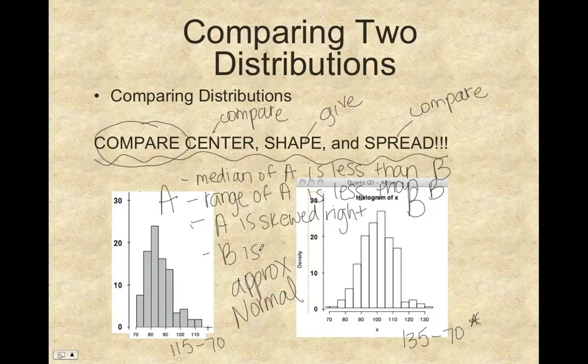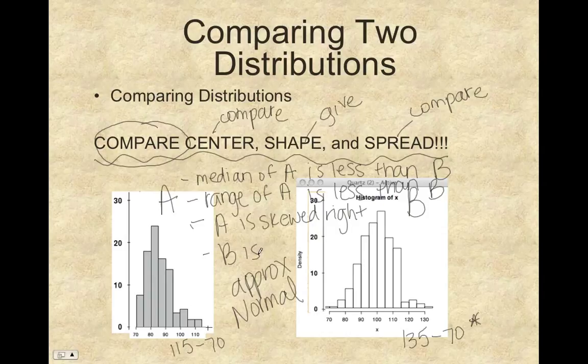Let's say it's about temperatures or something like that. So the median temperature of city A is less than the median temperature of city B. The range of temperatures in city A is less than the range of temperatures in city B. The distribution of temperatures in city A is skewed right, while the distribution of temperatures in city B is approximately normal.